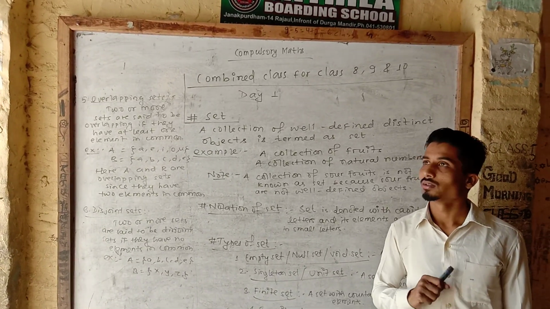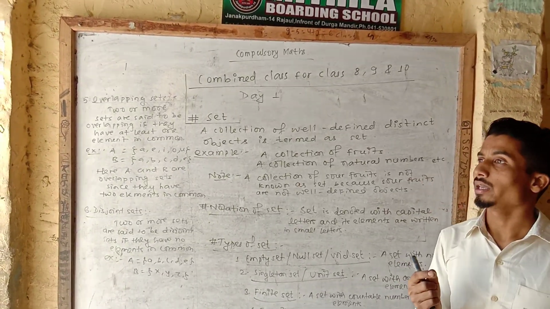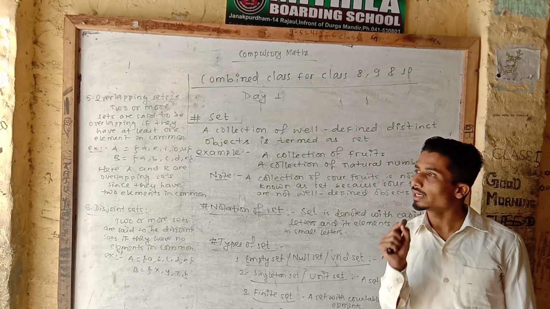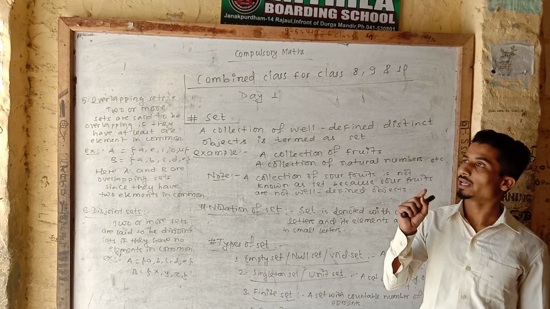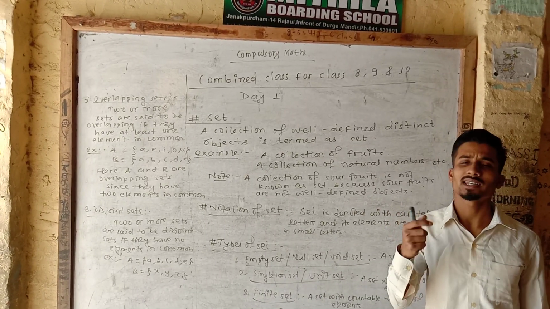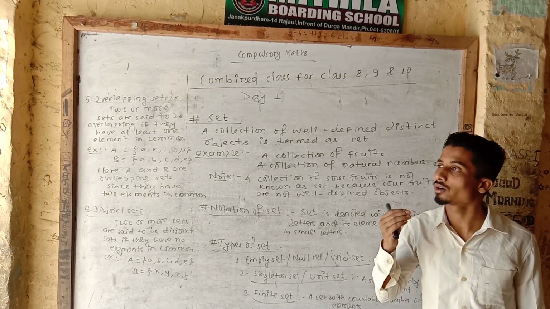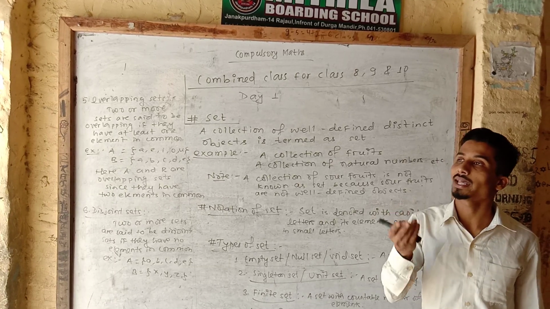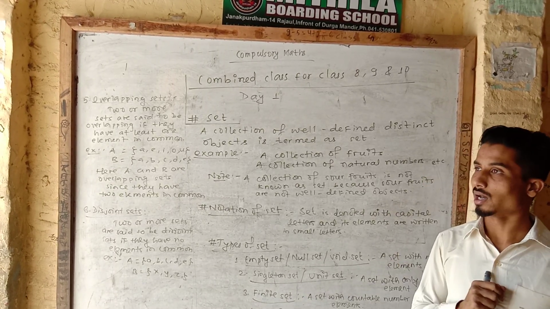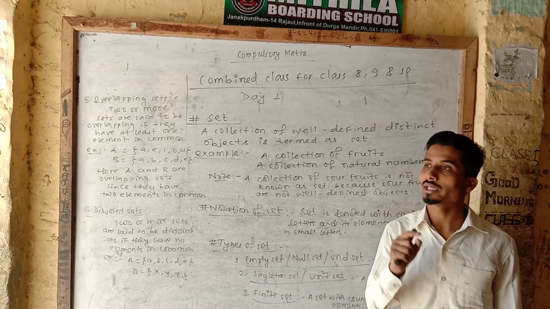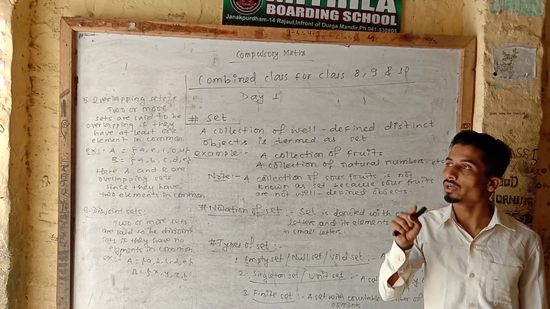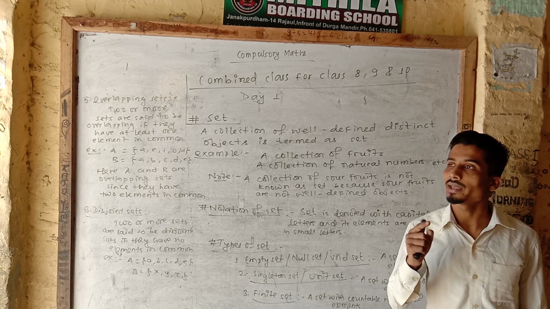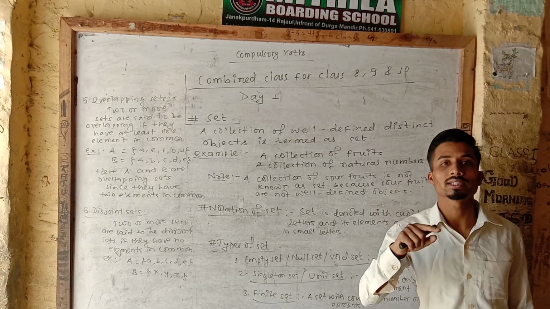For example, if in your school there is no lady principal, the collection of lady principals would be empty. Or we can take another example: in a girls school, if we consider a collection of boy students, that set will be an empty set, because in a girls school there can be no boys.